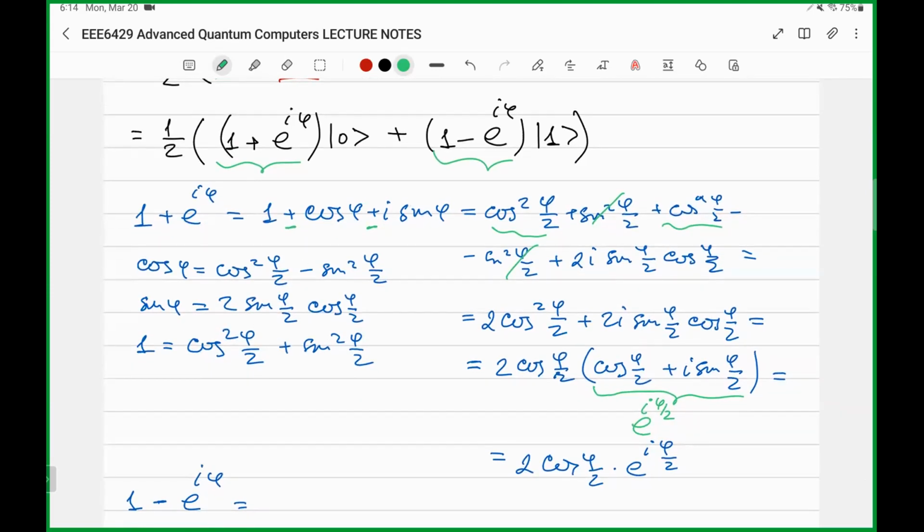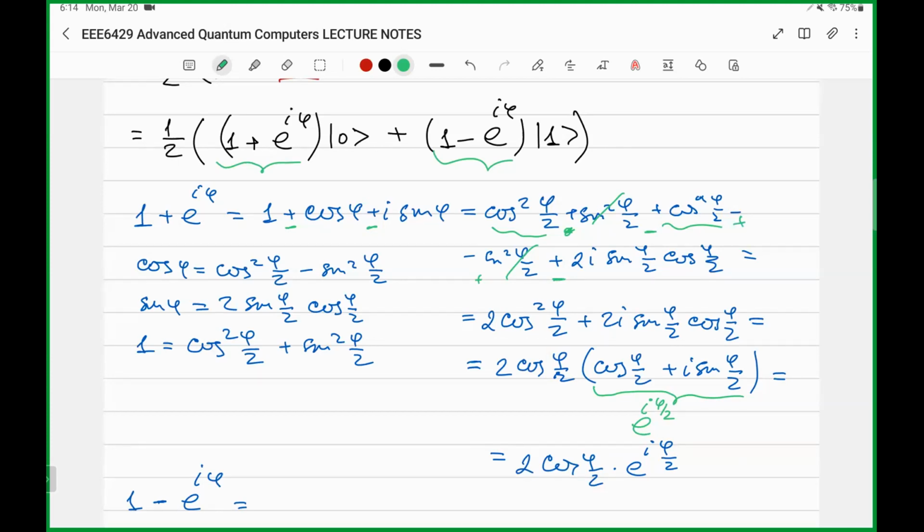These changes will be the same, but this minus here, and this minus was before cosine, so it will be minus here, then plus here, plus here, and also minus here.